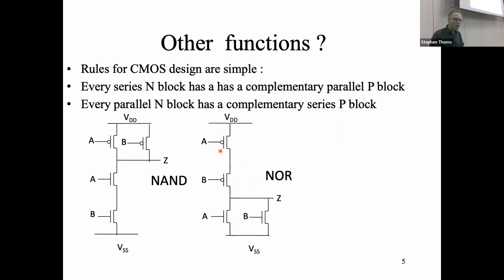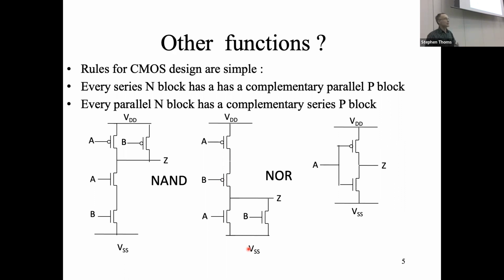But if either A or B is high, then one of those will switch off. So this becomes an open circuit effectively, whereas one of those will switch on, or both of them will switch on, and it's pulled down. So if either A or B is high, it'll pull down, and that's the correct outcome for a NOR gate. So you can see that does work for a NOR gate.